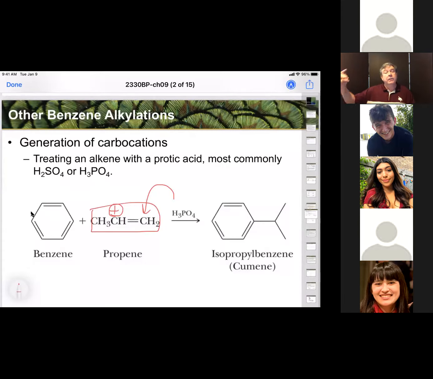And remember, the hydrogen's always added to the side with the most hydrogens because it gives us our more stable carbocation. So it's going to give us our carbocation here. So just using acid as a catalyst, we can get an alkene to react with benzene to create an alkylation. Okay.